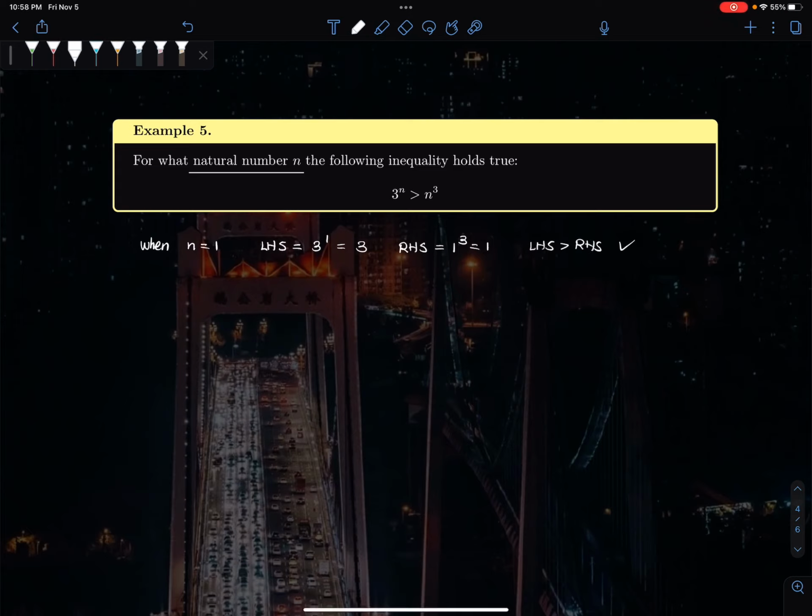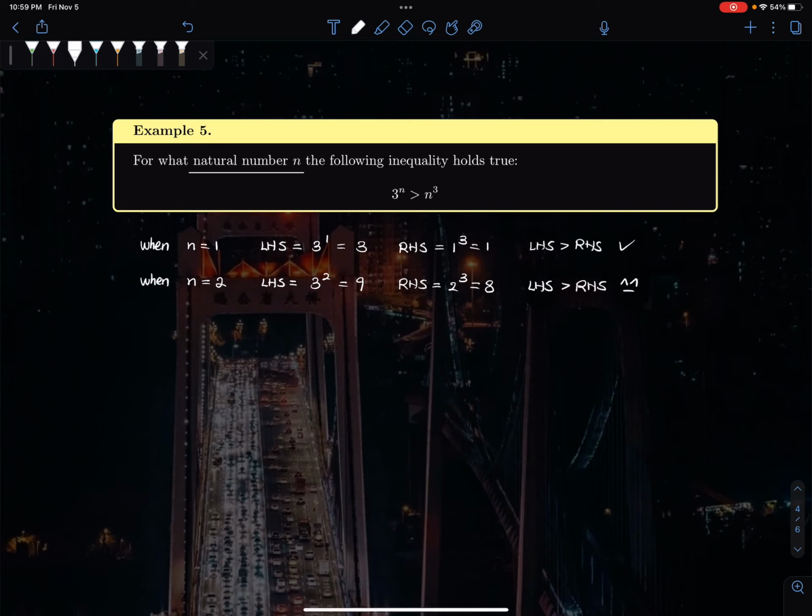And obviously the left hand side is greater than the right hand side, so this is good. When n equals 2, left hand side is 3 to the power of 2, which is 9. Right hand side is 2 to the power of 3, that is 8. Left hand side is greater, so this is good as well.